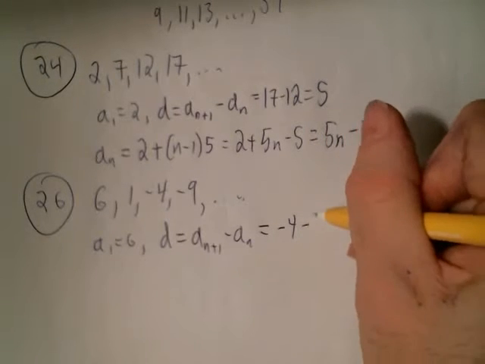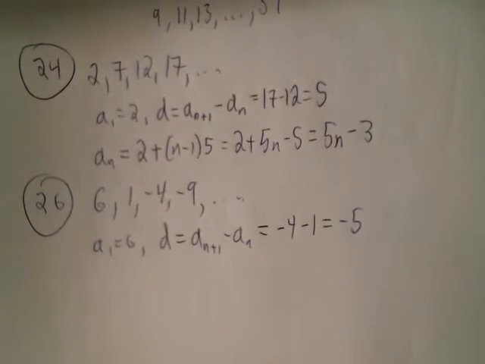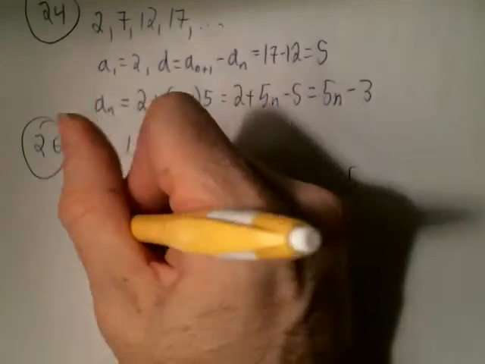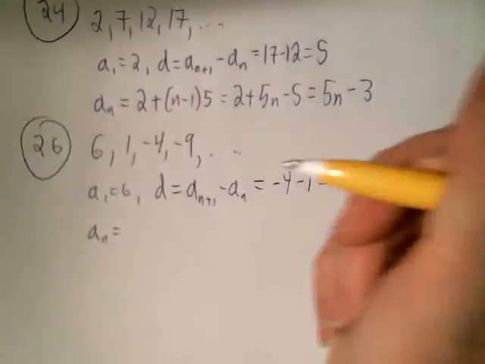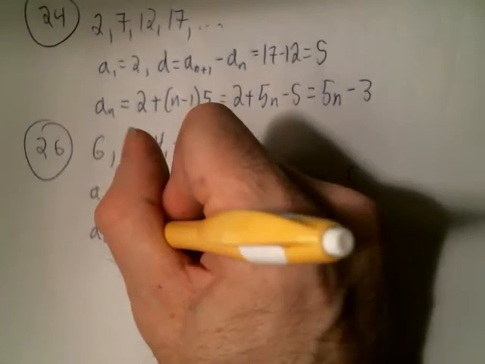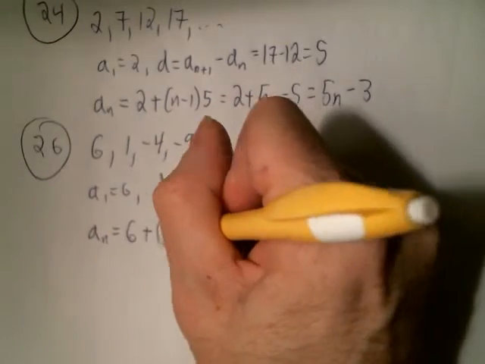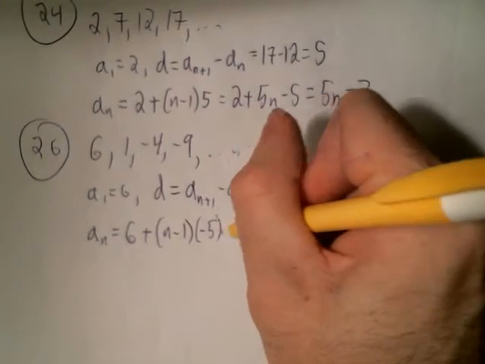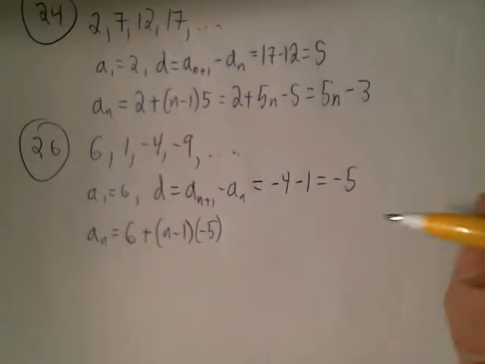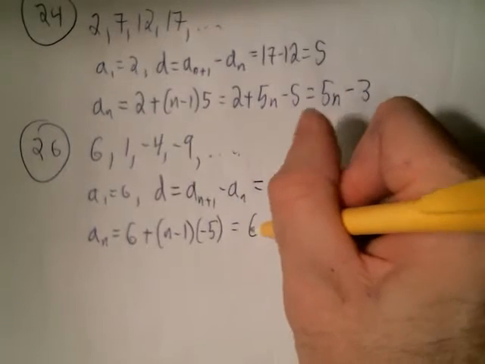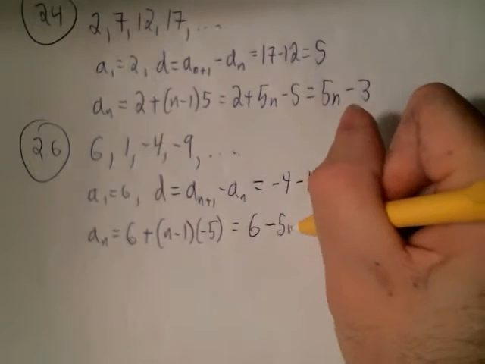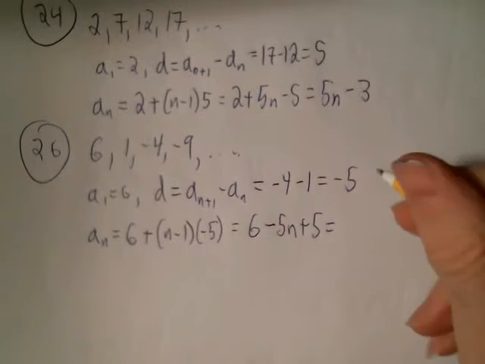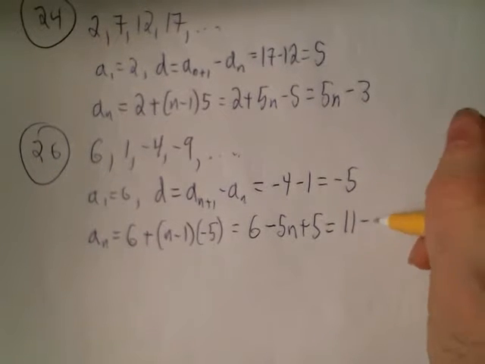Negative 4, subtract away 1, apparently negative 5. Okay. So a sub n must equal a sub 1 plus n minus 1 times d, which is negative 5. And then that'll equal 6 minus 5n plus 5. So it'll be 11 minus 5n.